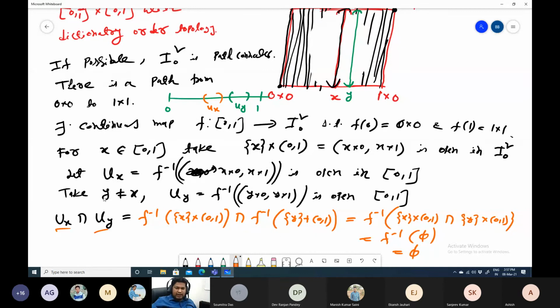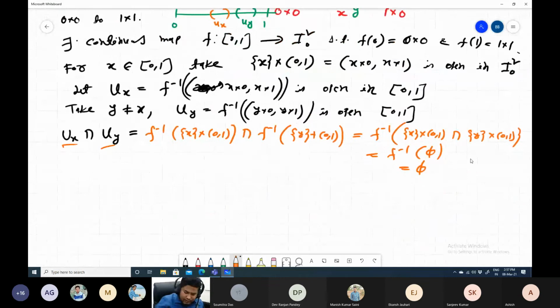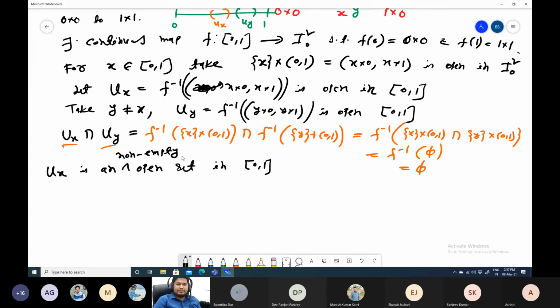So for any two x and y, we have U_x intersection U_y is empty. But U_x is an open set in [0,1]. You can say it is a non-empty open set. Right?